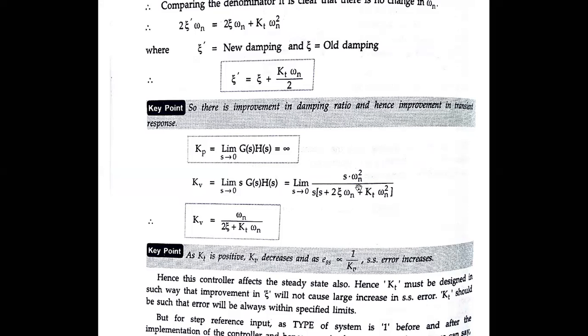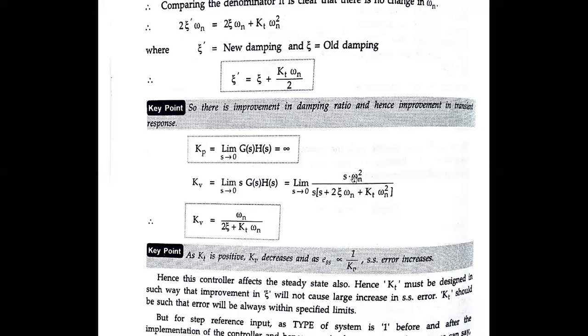So the only term left here is omega n, though we have one more omega n square here. Putting the value of s will completely change the denominator value. Therefore the new value of kv is equal to omega n divided by 2 eta.